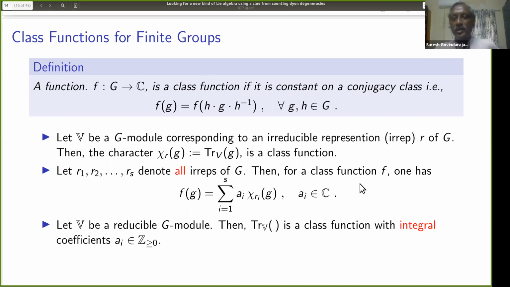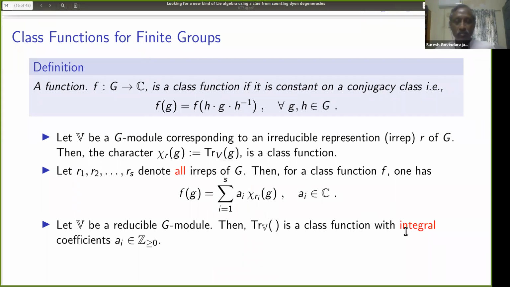Okay, so then there is this very important theorem. It says that if you give me any class function f of g, it can be expanded in terms of the characters. So chi R1 to chi Rs provide a basis, and you get coefficients a_i. If V is a reducible G module, then trace over V of g will be a class function, of course, for the same reason.